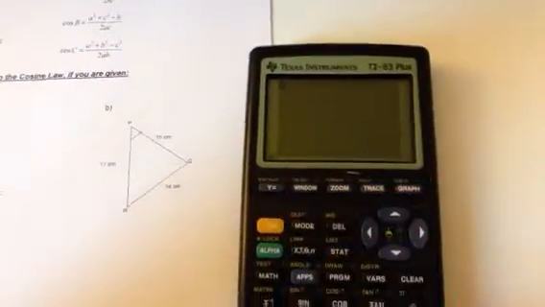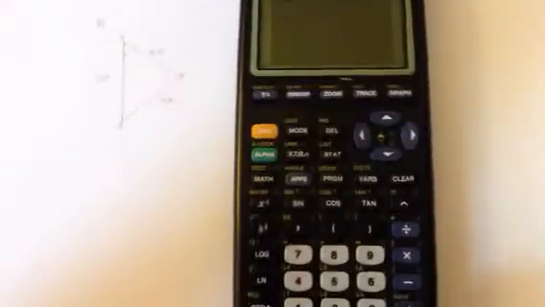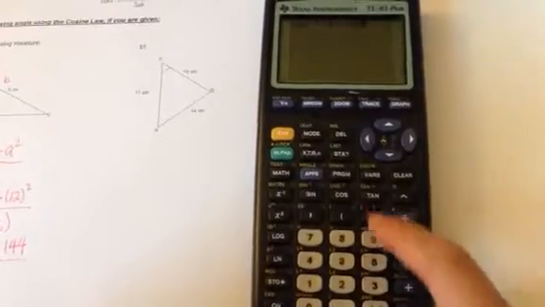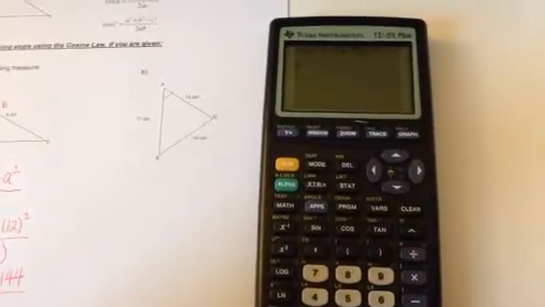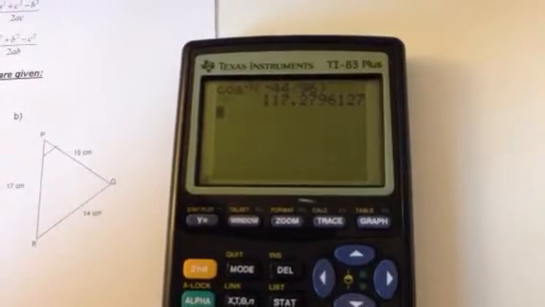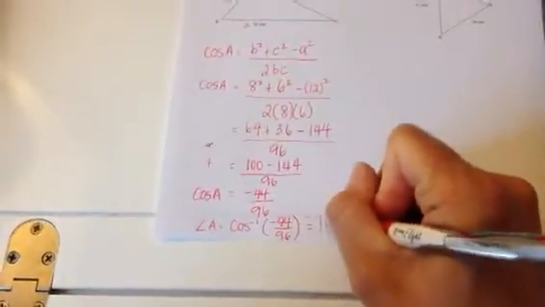So inverse cos negative 44 divided by 96, close your brackets, and it gives you an angle of 117, and if you round it'll be just 117 degrees. So approximately 117 degrees.